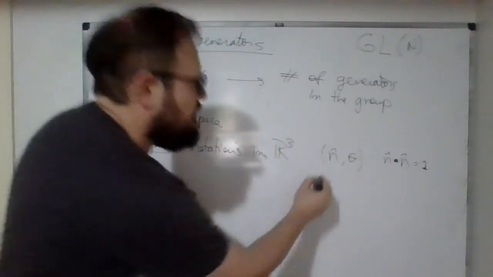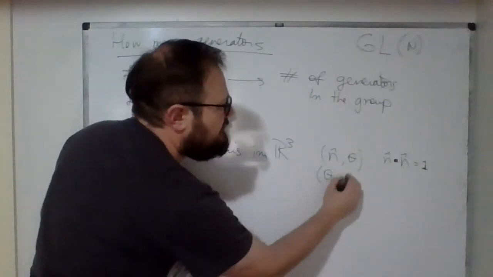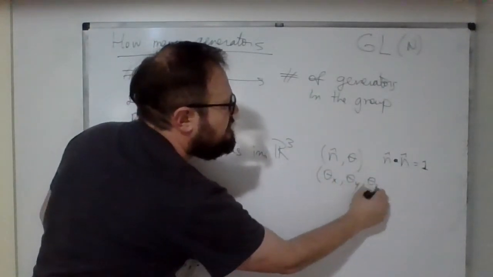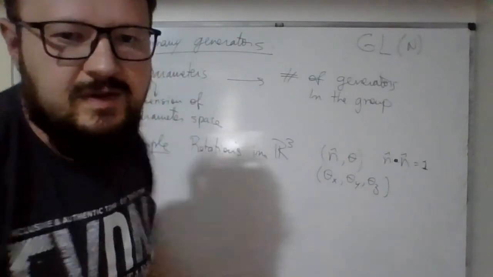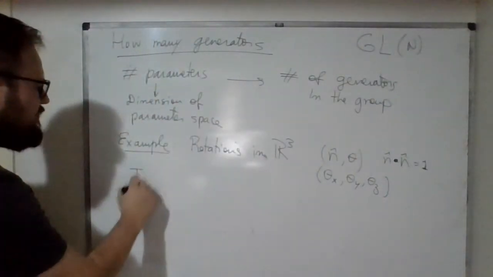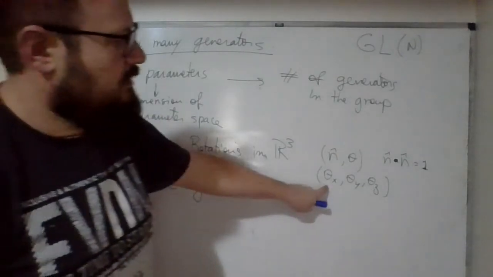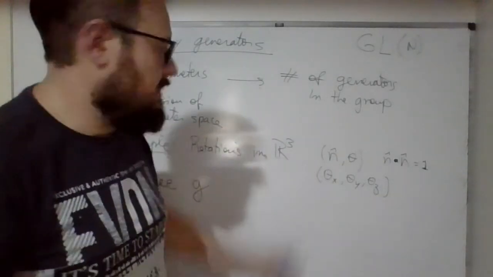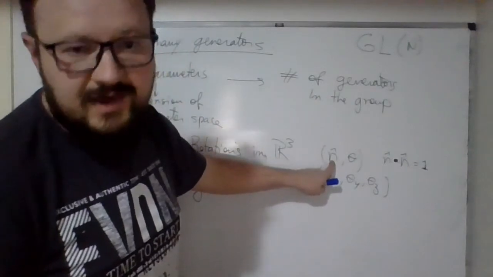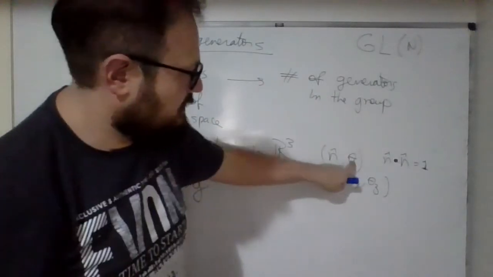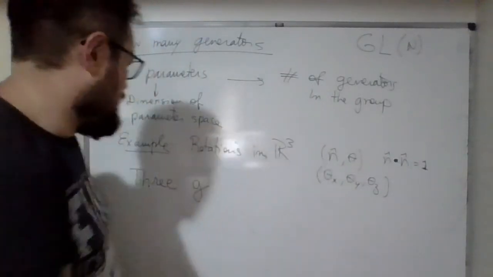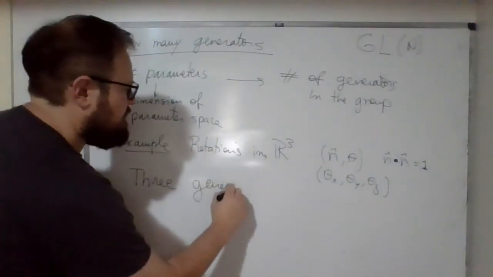Or if you prefer, you can specify some theta x, theta y, and theta z. There are 3 parameters. So there are 3 generators because the parameter space corresponds to 3 angles, or one unit vector which has just 2 free parameters and 1 angle of rotation. So 3 generators in this case.